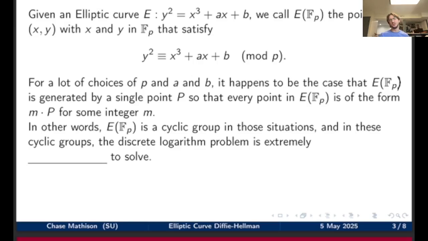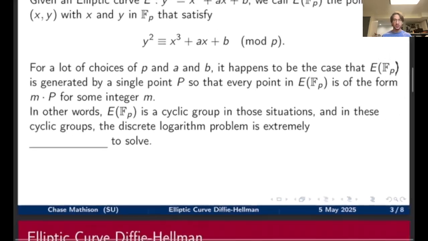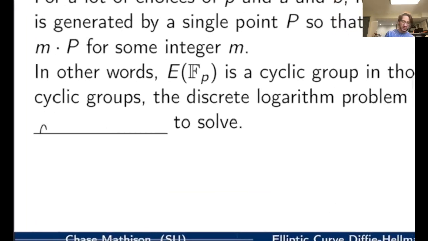It happens to be the case that every point in E of Fp is of the form m times this generator for some integer m. In other words, E of Fp is a cyclic group in those situations, and in those cyclic groups the discrete logarithm problem is extremely difficult to solve.